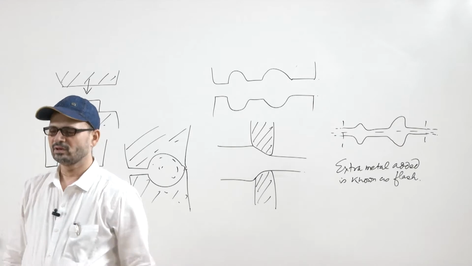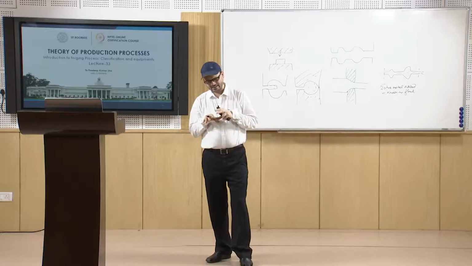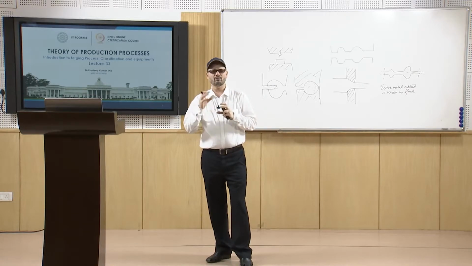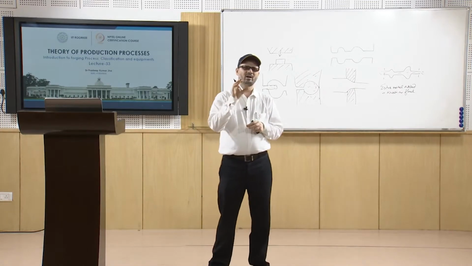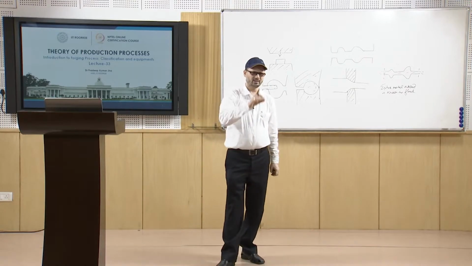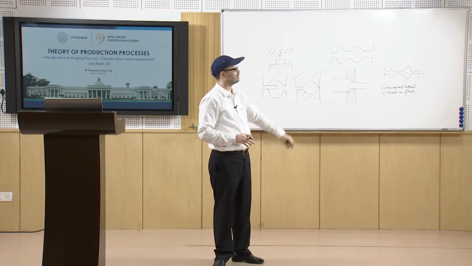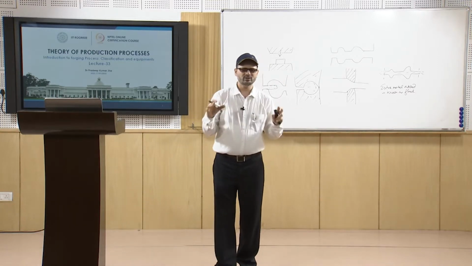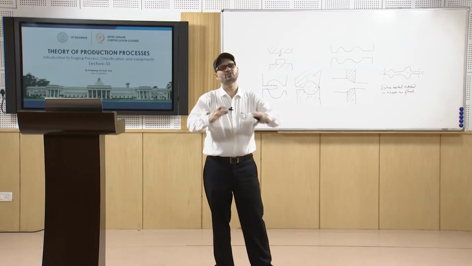Now, when we go to the blocking operation, before that we must ensure that you have properly given the fillet and corner radii, because that ensures the smooth movement of metal past these corners, and then metal goes into the recesses which are away, in the intricate positions, and then you have the formation of flash towards the end, which will ensure that the metal has completely filled its whole cavity.